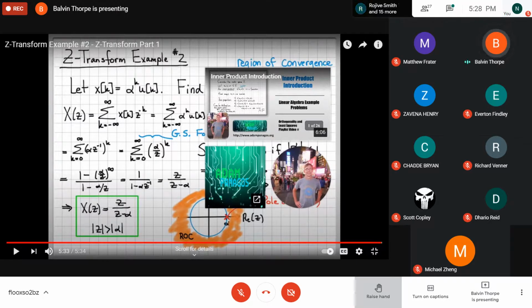So, for example, the magnitude of Z must be greater than the magnitude of the expression that you're trying to find. Otherwise, the amplitude of the expression is going to be all over the place, which makes your system unstable. And that's all they're trying to do: find if your system is stable or unstable. That is done basically using the region of convergence.